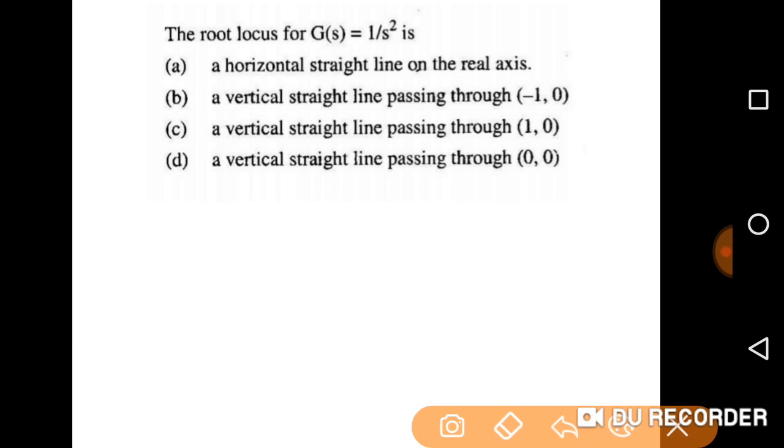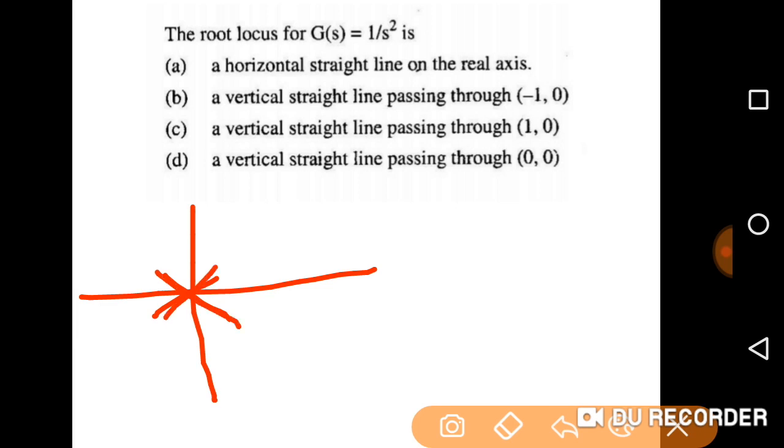Let's try to draw the root locus plot. Two poles are present here. One angle of asymptote is 90 degrees, so it will follow this line. Another is 270, meaning minus 90, so it will follow this line. One pole will follow this line, and the other pole will follow that line.